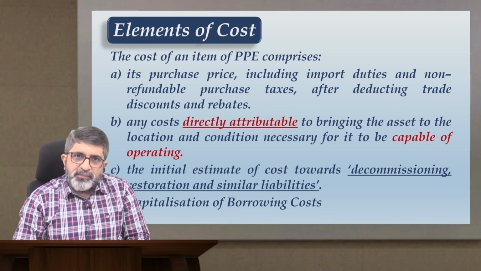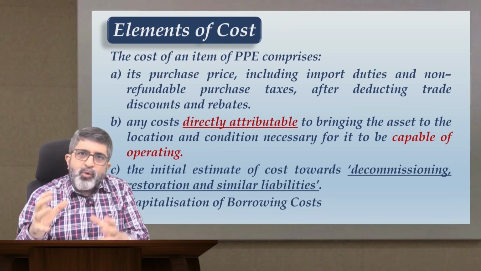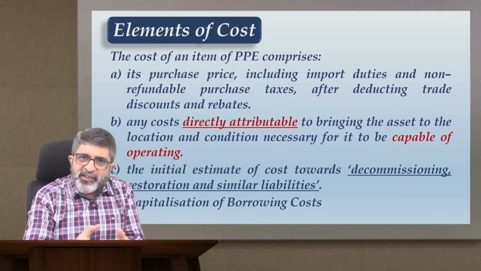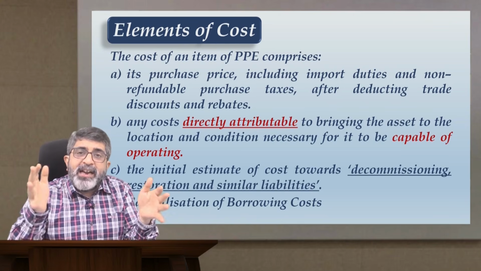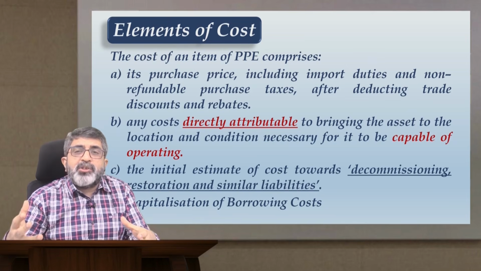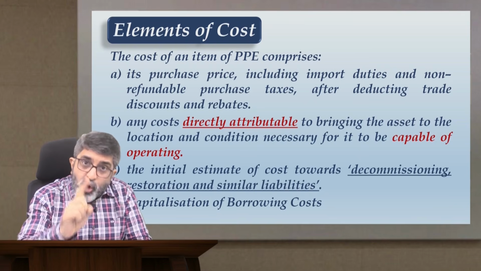Second part, B clause, it says any cost which is directly attributable. See, you are purchasing a machinery, but that machinery, just after purchasing it, is not enough. You have to carry out the entire installation process. Now, installation of a big machinery may take a lot of effort, time and cost.